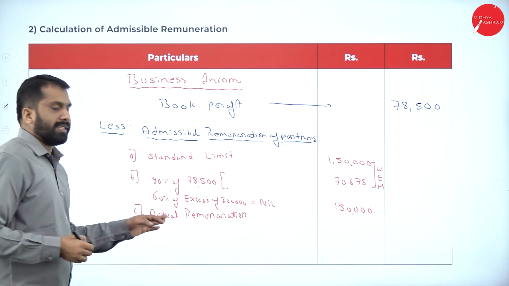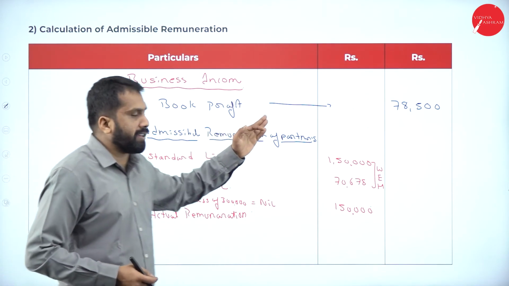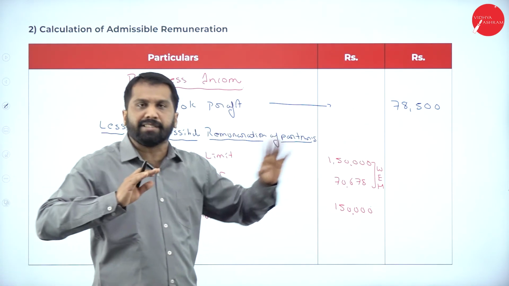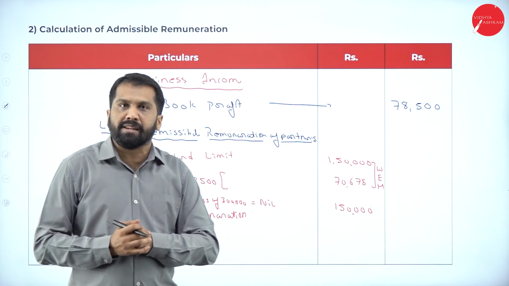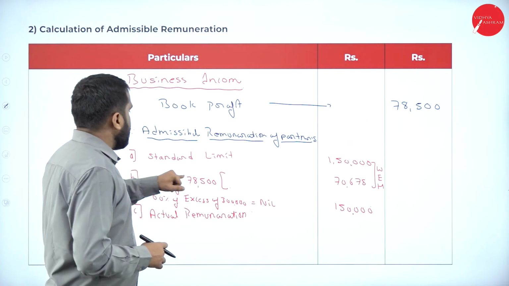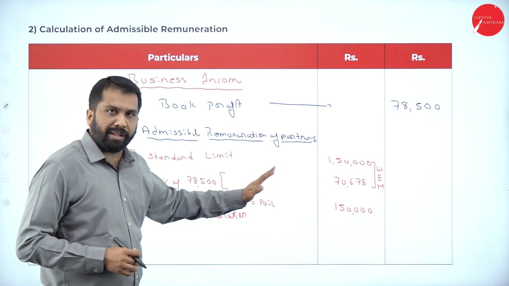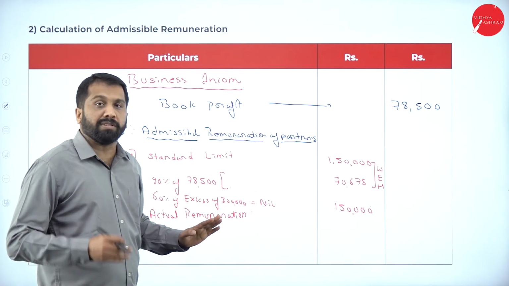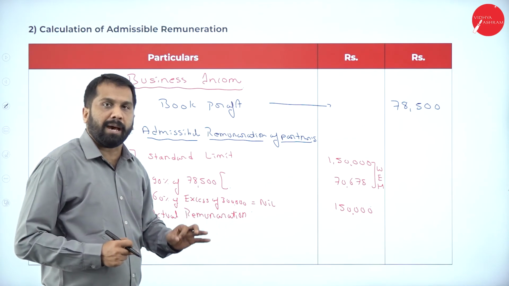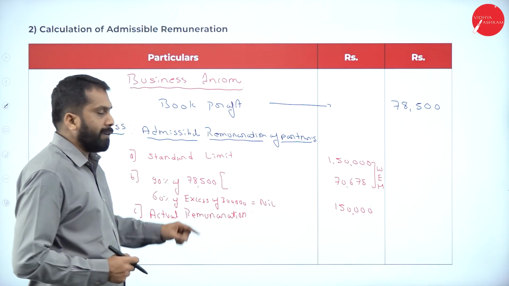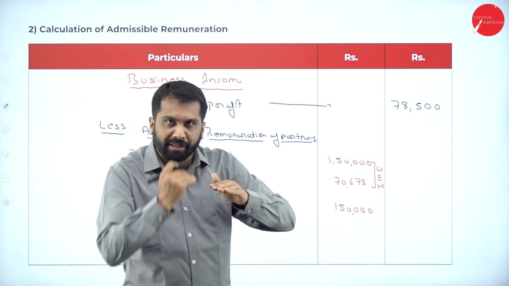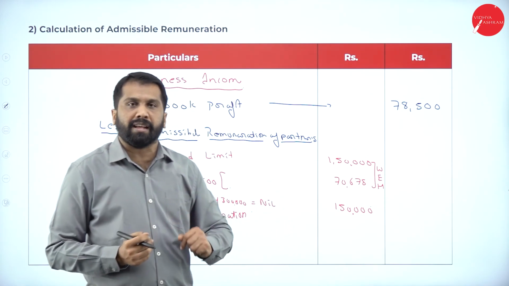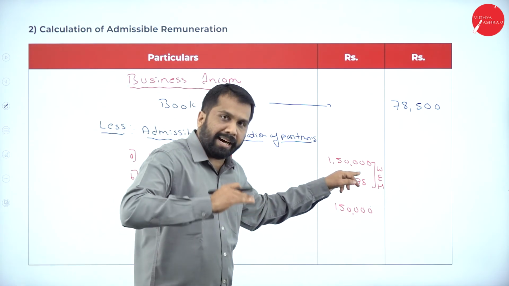So you don't have excess of 3 lakh because your book profit itself is less than 3 lakh. Assume that it is 3,78,000. Then what we are supposed to do? 3 lakh into 90%, 2,70,000, and remaining 78,000 into 60%. Those calculations are supposed to happen, but in this one, your book profit itself is less than 3 lakh. No need of calculation. Your 1,50,000 is a higher value.